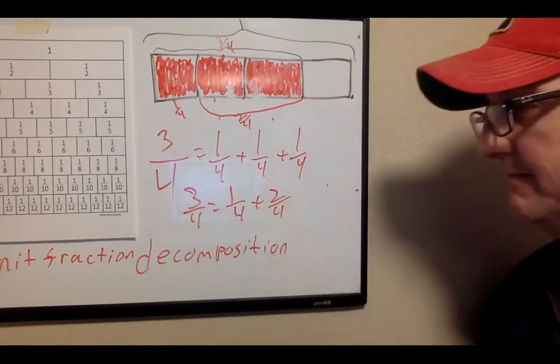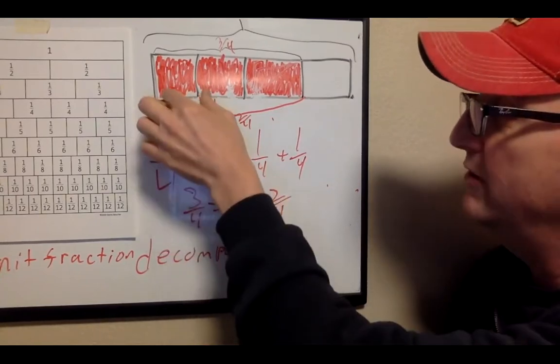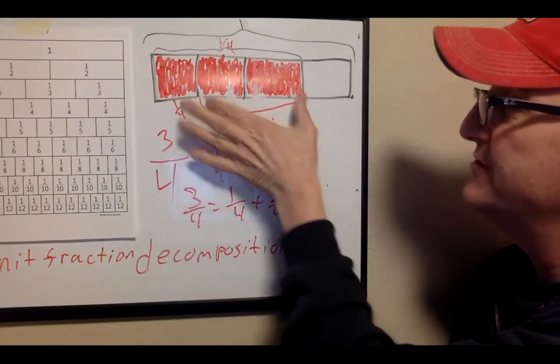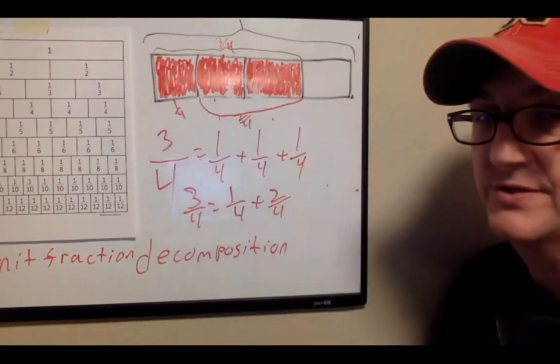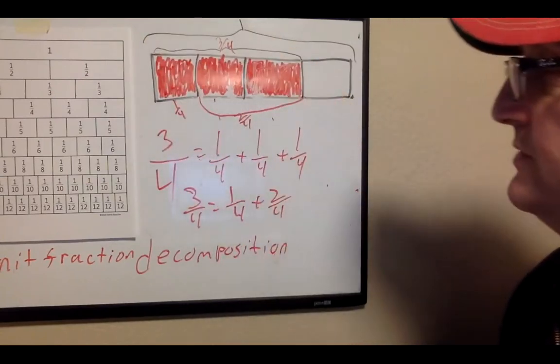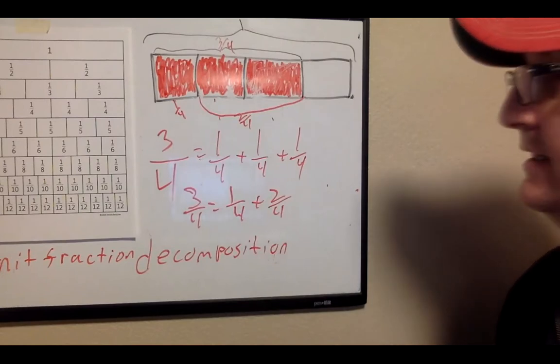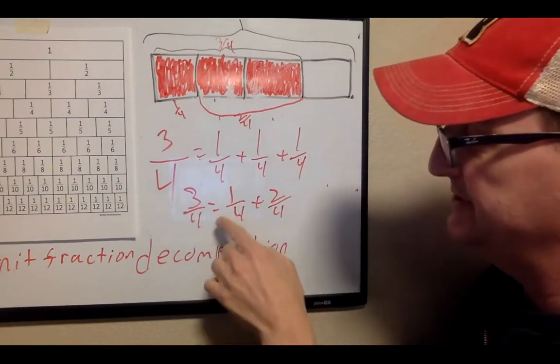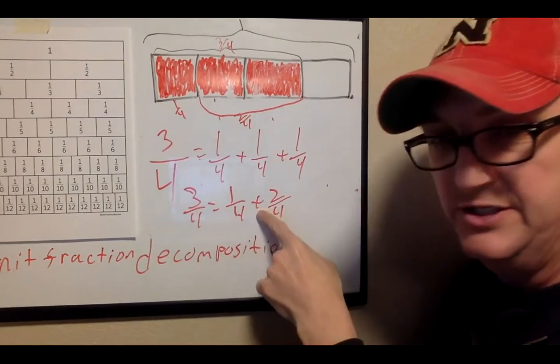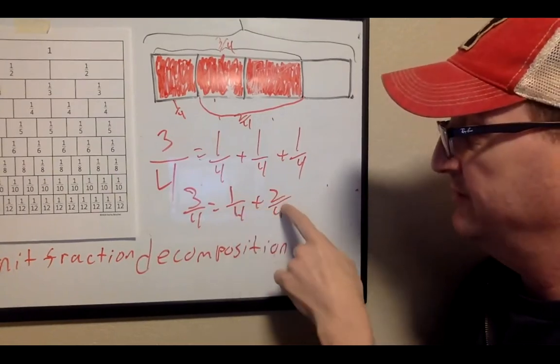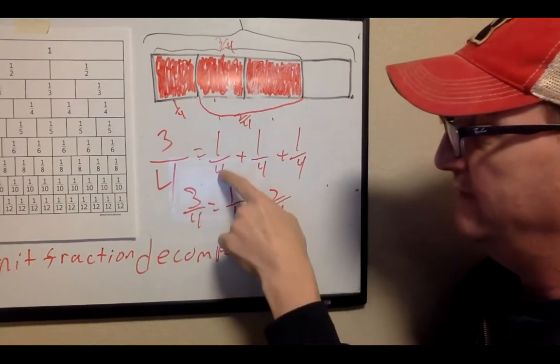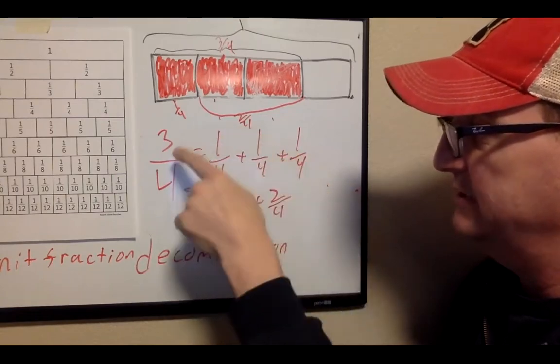And we see it there. 1/4 here plus 2/4 here equals 3/4, right? And so we're showing the decomposition with an addition sentence. 1/4 plus 2/4 equals 3/4. 1/4 plus 1/4 plus 1/4 equals 3/4.